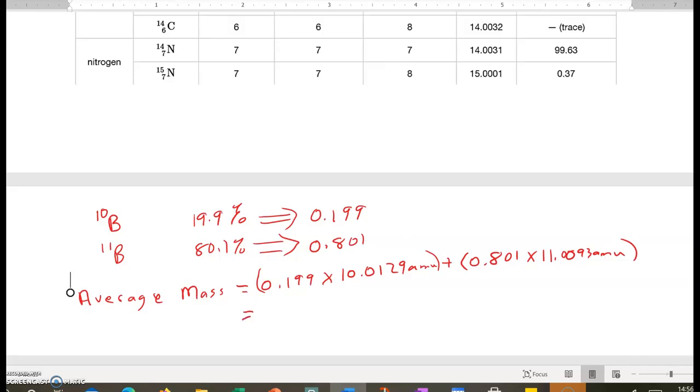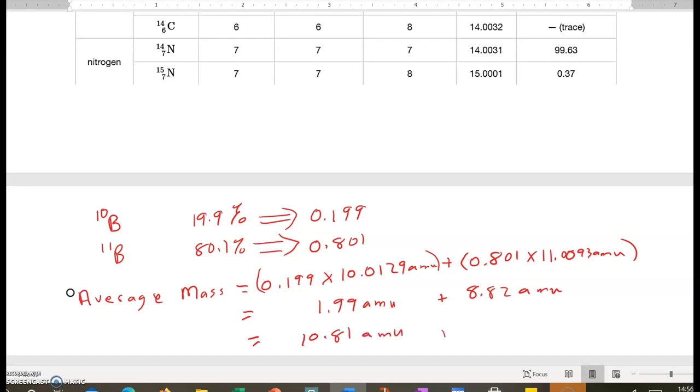That's going to equal 1.99 AMU plus 8.82 AMU, which equals 10.81 AMU.